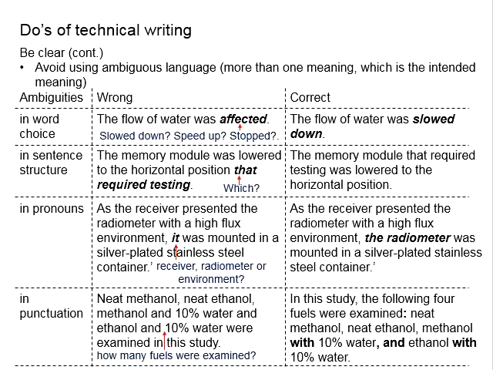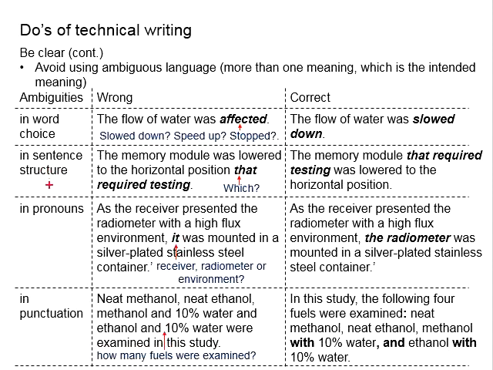To correct this sentence, it should be: the memory module that required testing was lowered to the horizontal positions. Now, it is clear that "required testing" is referring to the memory module.